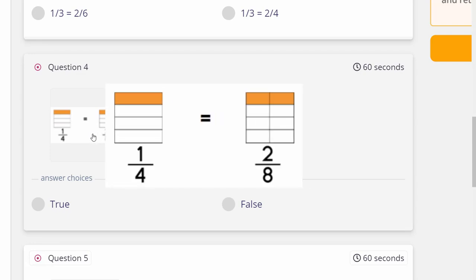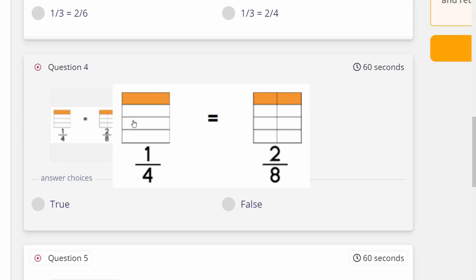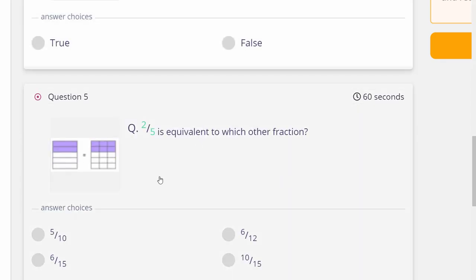This is true or false, my heroes? True. Ibrahim, true or false? Yes, this is true because we have the same shaded part of the whole. Okay, thank you.